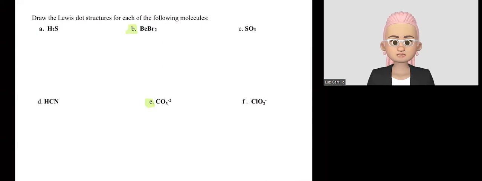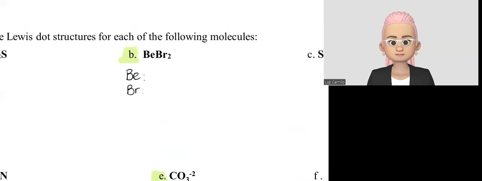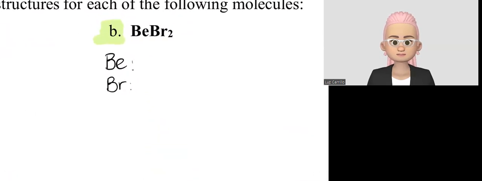As we observed here, in the case of beryllium bromide, we're going to write how many electrons are provided by beryllium and how many are provided by bromine. Beryllium lives in group 2A, and that's an exception to all the elements in 2A. Remember that for the most part, elements in 2A form ionic compounds. Beryllium is the only exception that forms a covalent compound.